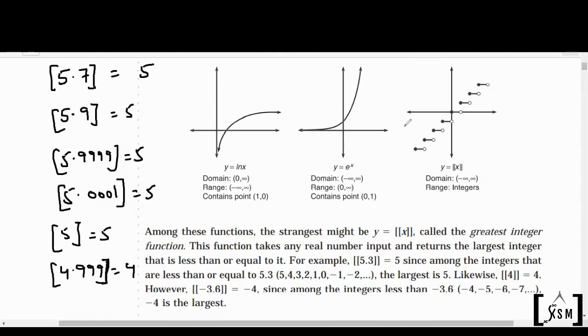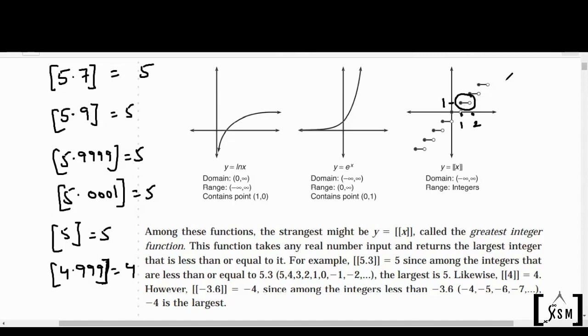So with that understanding, you can see, if I look at this part of the graph, this point is 1 and this point is 2. So when x value is all the way from 1, 1.1, 1.2, 1.3, 1.4, 1.5, whatever be those x values from 1 to 2, the y value will always be 1, right?